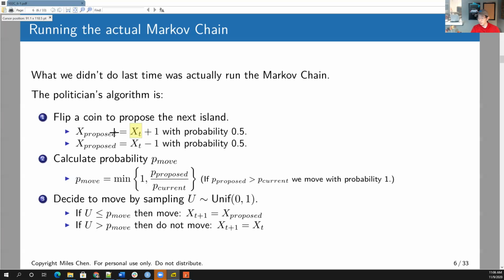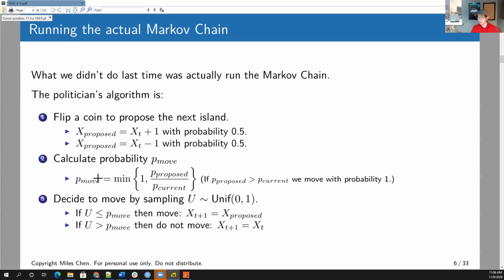We propose x at time t+1 with probability 0.5, and we propose x at time t-1, where our current island is x at time t, with probability 0.5. So our x proposed can either be x at time t+1 or x at time t-1. Based on that, we calculate the probability of moving.